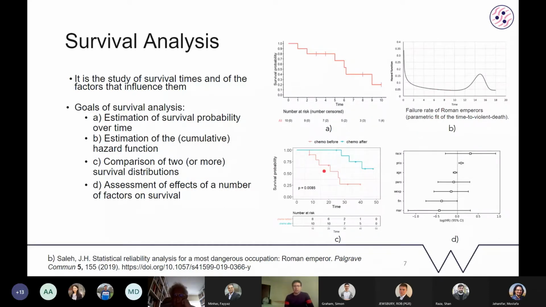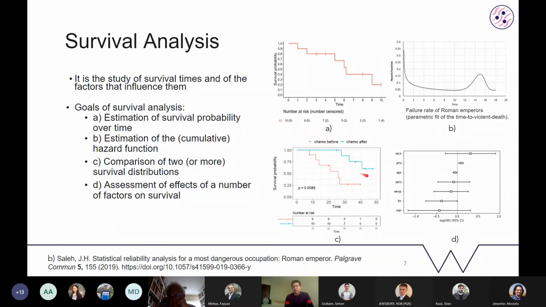Another goal we can use survival analysis for is to compare whether two groups are significantly different from each other. In this case, a group that received chemotherapy before their surgery, and another group which received chemotherapy after surgery.